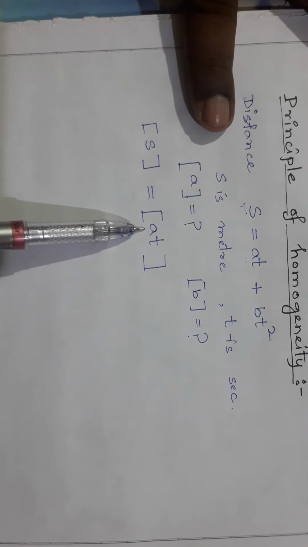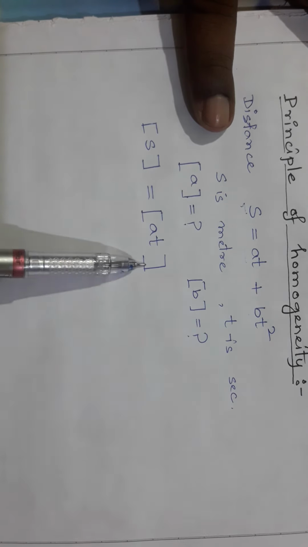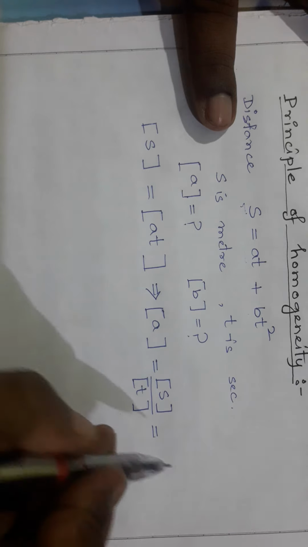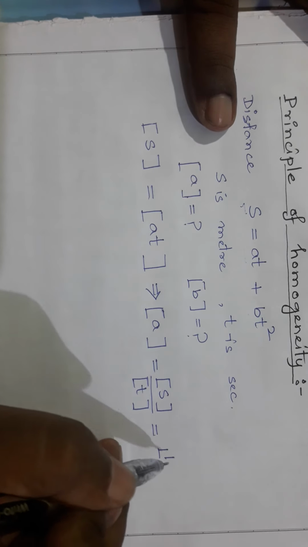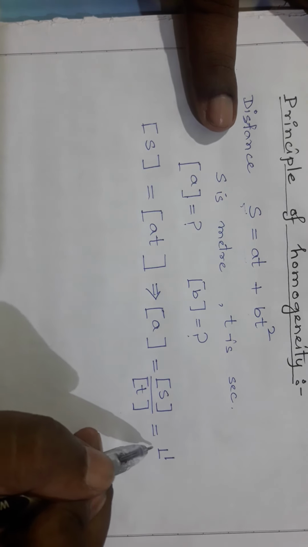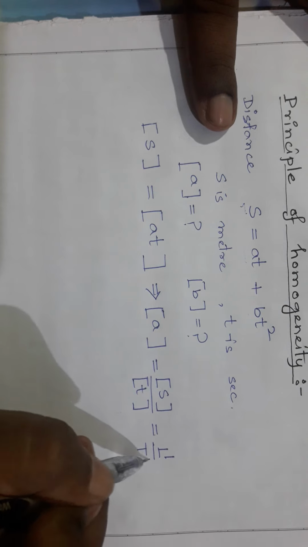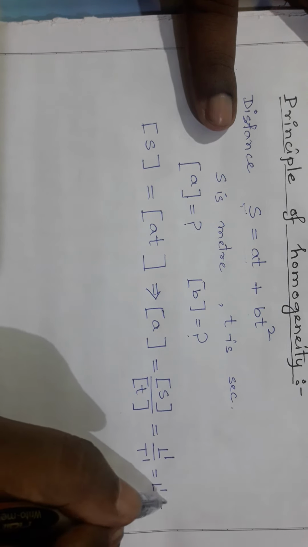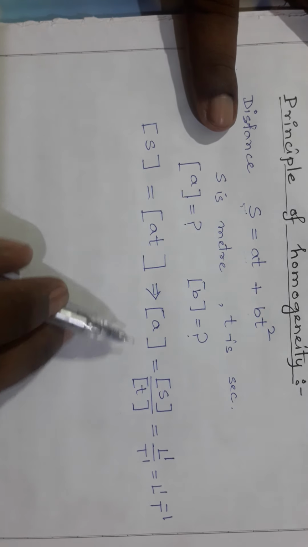From here, what is A? A will be s by t. Here, s is distance, so the dimension will be L1, and t is time, so dimension T1. So we have L1 T minus 1. This is the dimension of A.